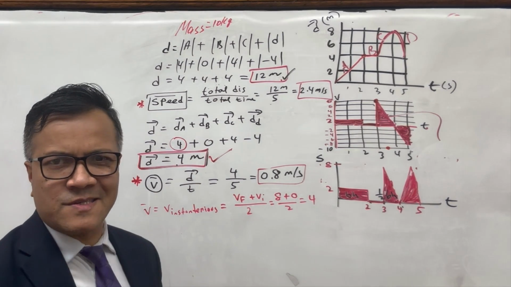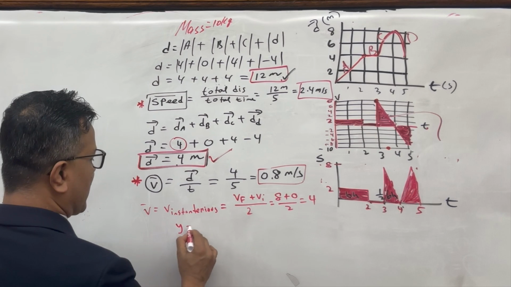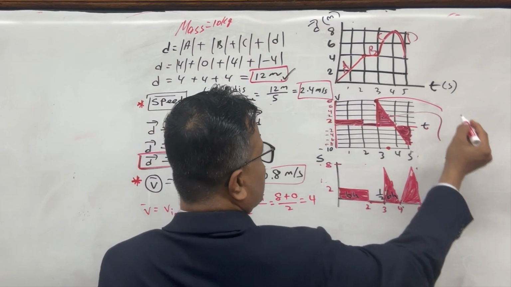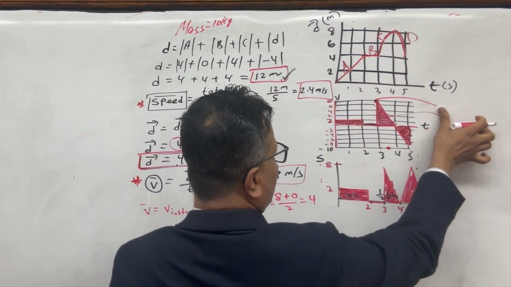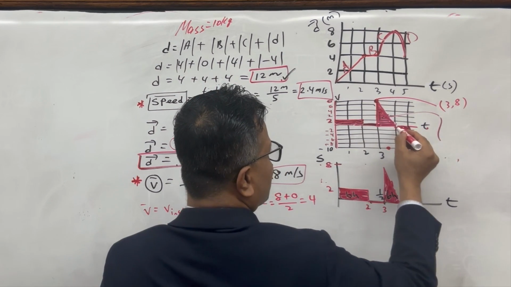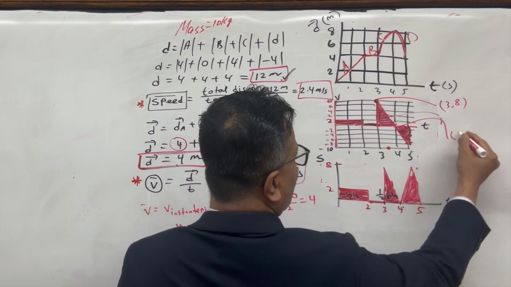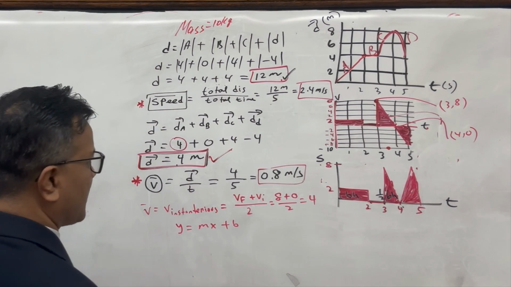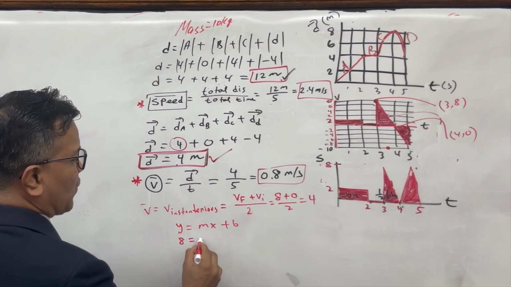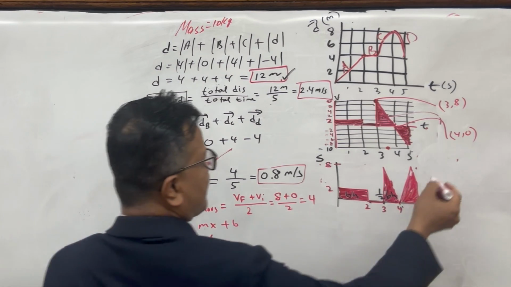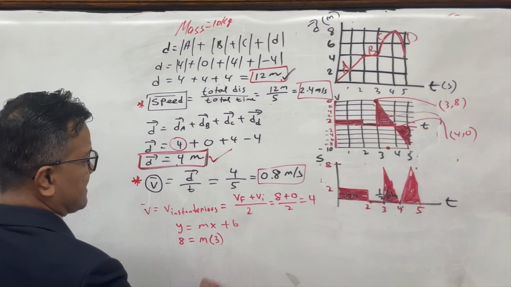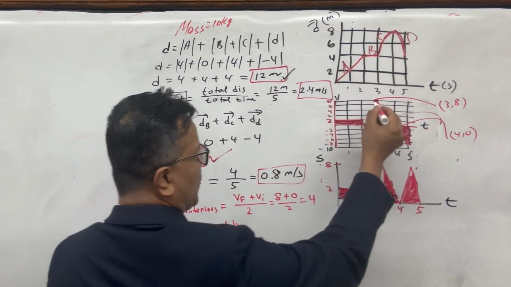Another way you can find the instantaneous velocity is y equals mx plus b. At this point, what is the value? The value is 3 comma 8. Over here, the value is 4 comma 0. So y is 8 when x is 3. However, we have to find the slope.